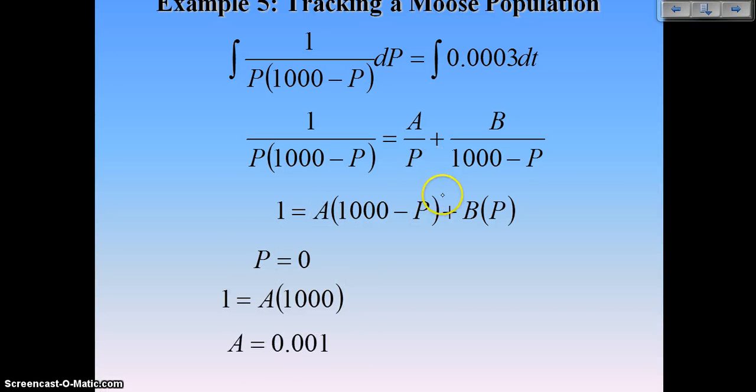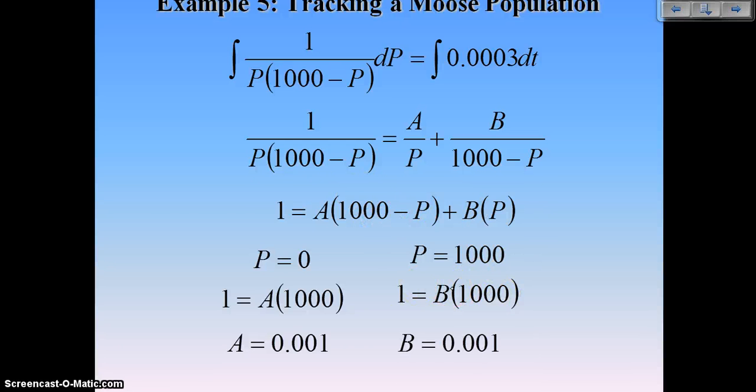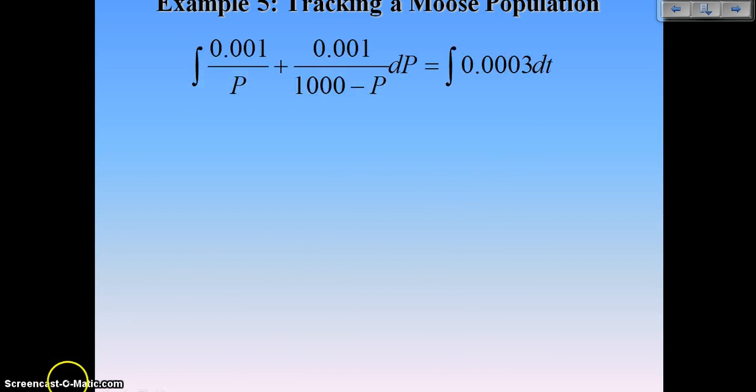Divide, A is 1/1000th, or 0.001. Plug in 1000 for the P value, that term goes away. 1000B is 1, and again you see B is the same number, 0.001. Alright, continuing on, we'll take those numbers, plug them in, and we are now ready to solve our integral.